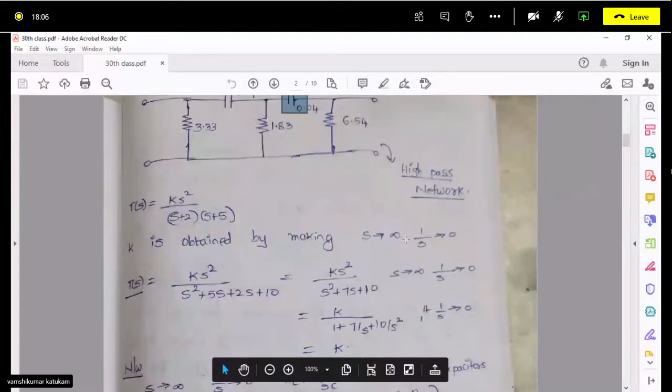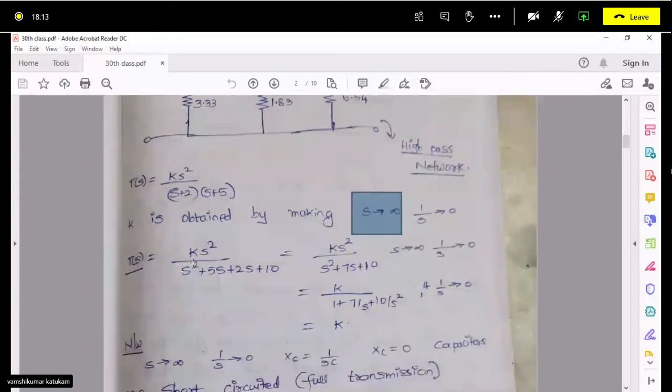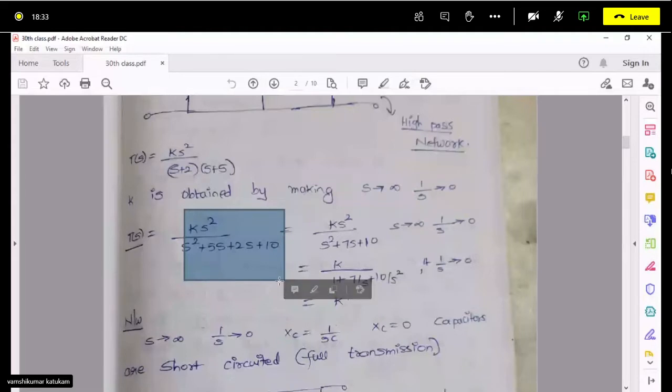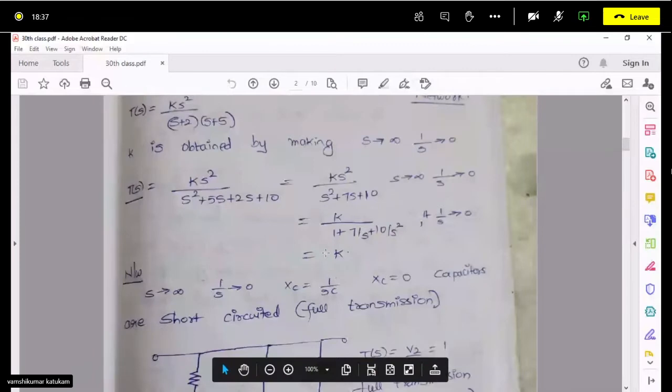First, as s tends to infinity, it is a high pass filter. You can find out the transfer function value from the given transfer function. As s tends to infinity, 1 by s tends to 0, you just apply that here, and the remaining terms vanish, so you will only get K. This is from the transfer function.